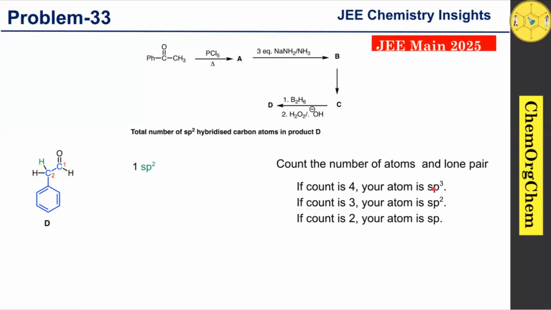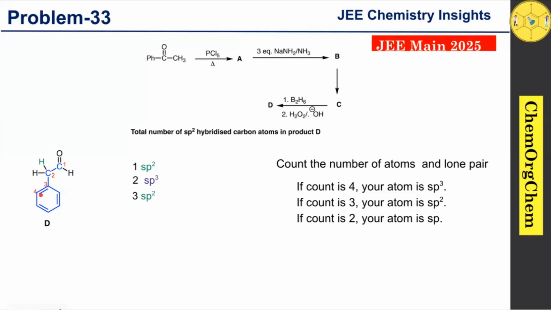Therefore, the second carbon is sp3 hybridized. Moving on to our third carbon atom: 1, 2, 3, there are 3 atoms present. Therefore, the third carbon is sp2 hybridized.